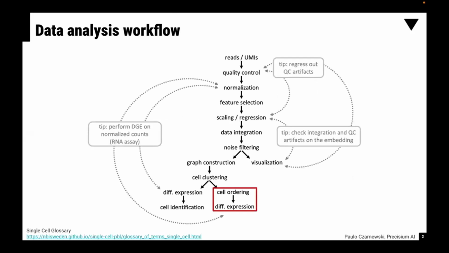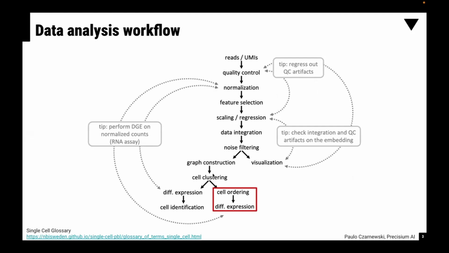Right now in your workshop, you have probably already gone through the reads, quantification, quality control, normalization, feature selection, scaling and regression of your data, data integration, and then some graph construction or visualization, for example using UMAP, graph construction and integration also using Harmony.